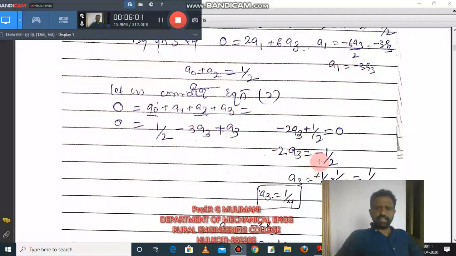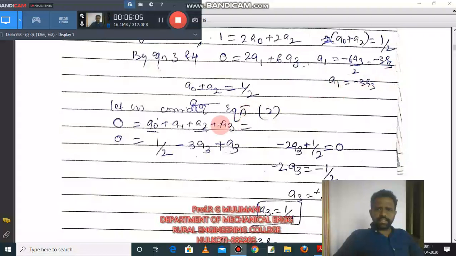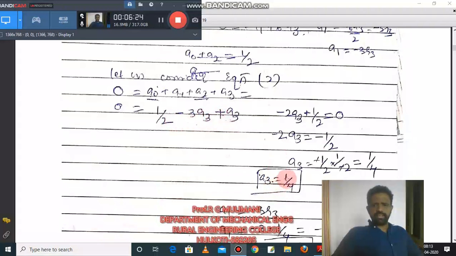Substituting all this, a0 plus a2 is half, and a1 is equal to minus 3a3, plus a3. So now by this equation we can get the a3 value. The a3 value is 1 by 4.